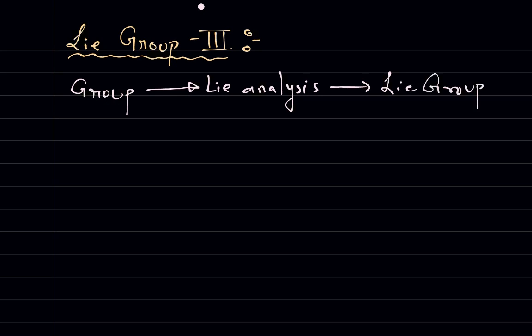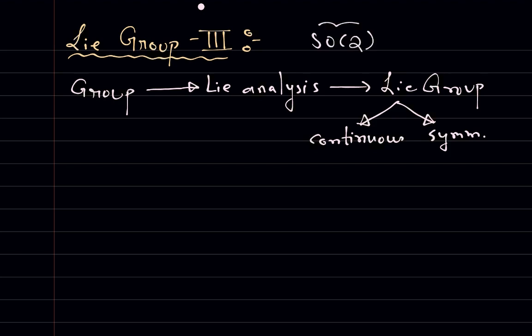Now, of course, Lie groups are continuous groups, no doubt on that, and we just learned what continuous groups are. And of course, Lie groups can be symmetry groups. For example, SO2 that we studied till now is a beautiful example of a Lie group because it satisfies the Lie analysis, and I'll tell you what Lie analysis is.